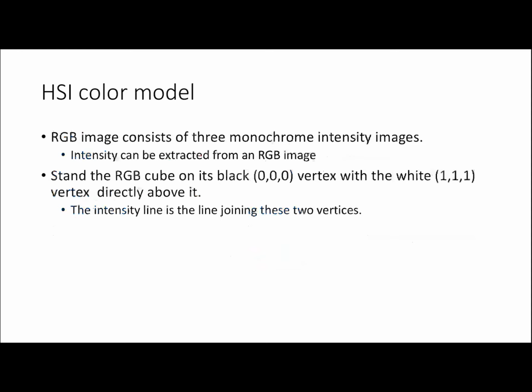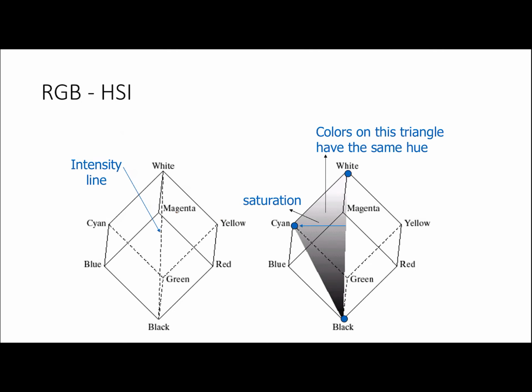In order to do this, we can reorient the RGB cube in such a way that the black point, or the origin of the RGB cube, is at the bottom and the white comes directly above it, as shown here.